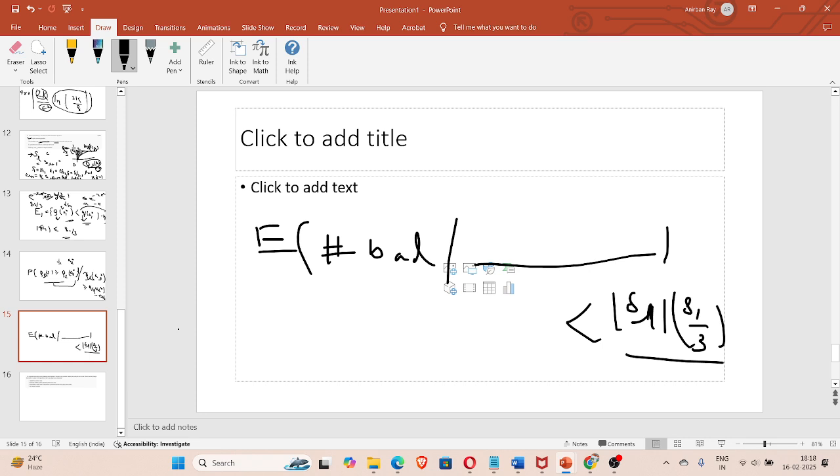And next what you do is that, for the probability calculation, you calculate this is greater than or equal to delta_L by 2.